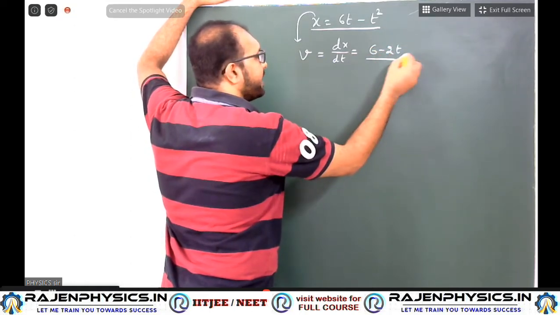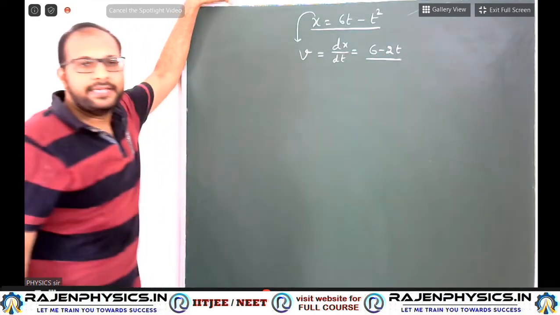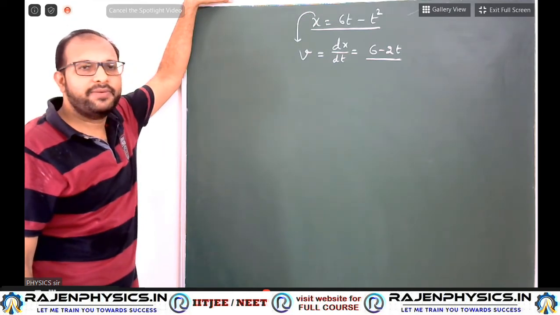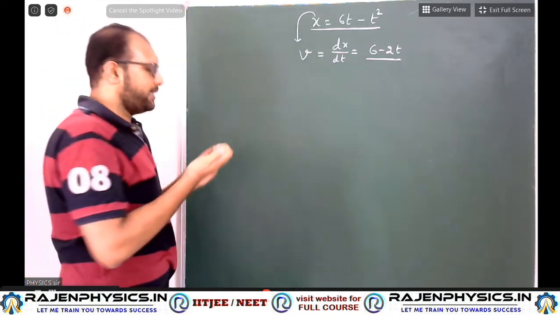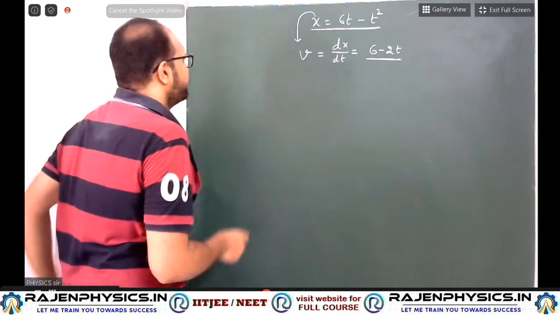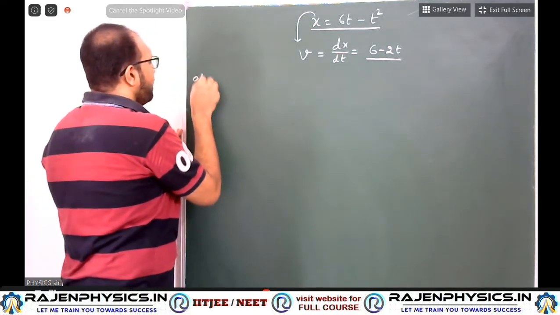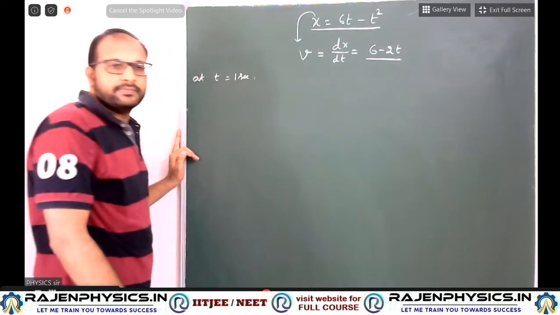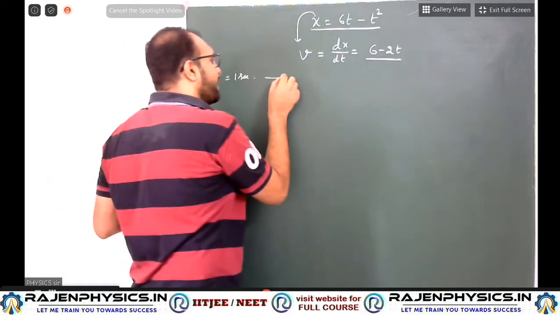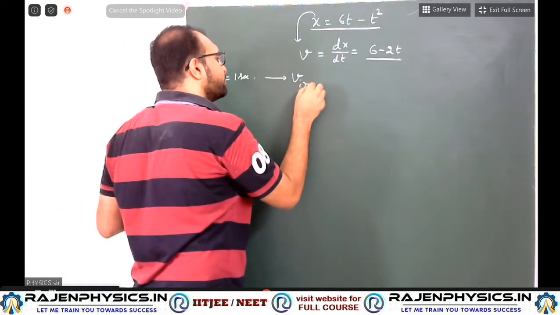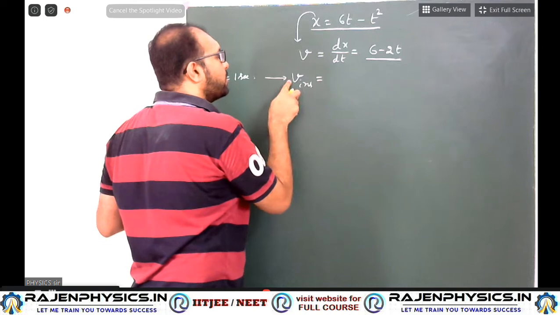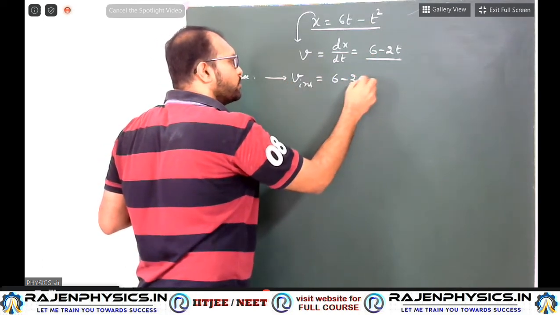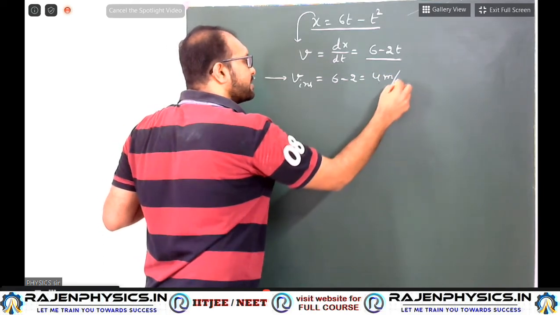Yes, you all know the derivative, so it's directly written. 6 minus 2t is the instantaneous velocity. At t equal to 1 second, what is the instantaneous velocity? Simply substitute: 6 minus 2 into 1, that is 2, so 4 meter per second.